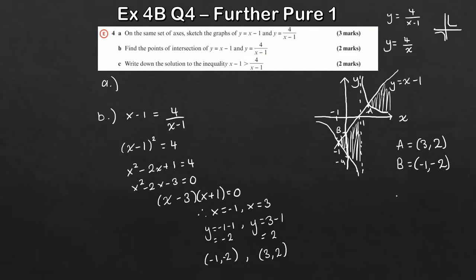Okay, so the first part will be minus 1 to 1, and then my other solution here is everything past this point. Well, if this is 3 on the x-axis here, then everything to the right of this, everything greater than it, will also satisfy it. So we can also say that x must be greater than 3. So there we have it. So that satisfies our solution there for the inequality.